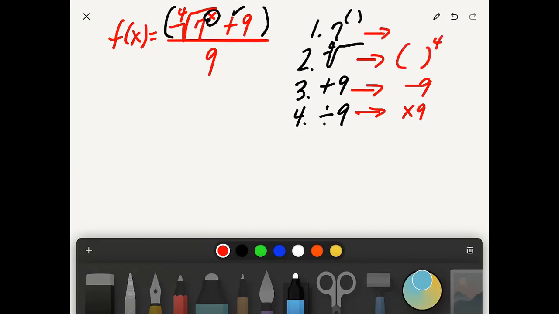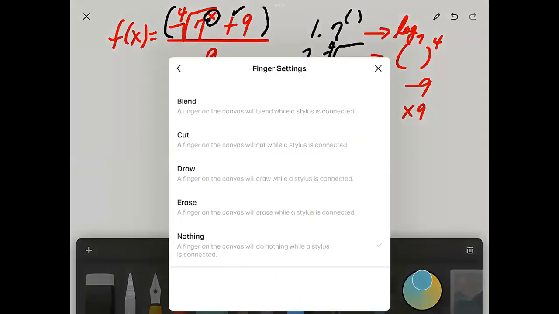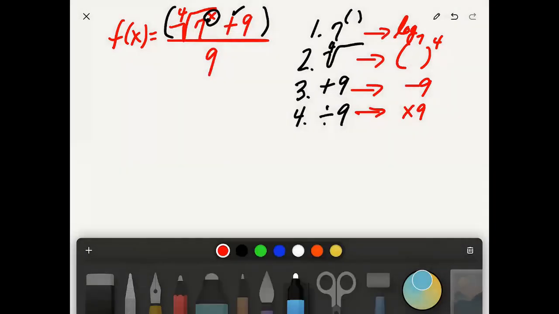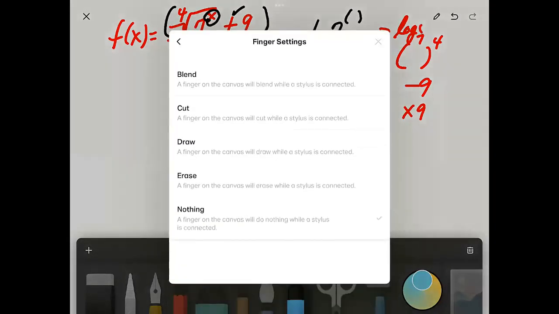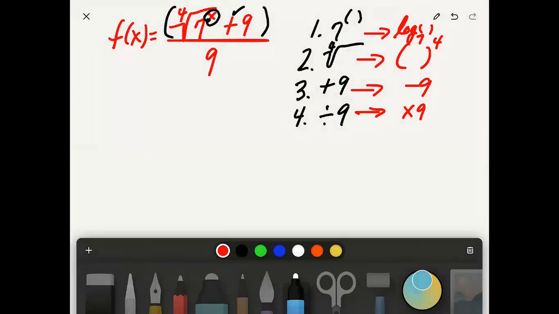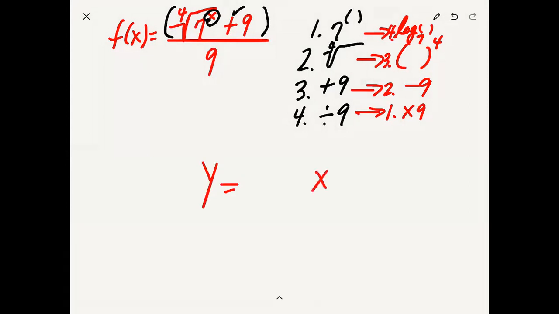And the inverse of having something with a base of 7 is using the logarithm with a base of 7. So I'm going to do this first, this second, this third, this fourth. So I always know that no matter what I do, when I get done, I should have x on one side and y by itself.